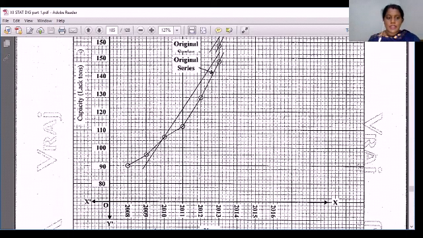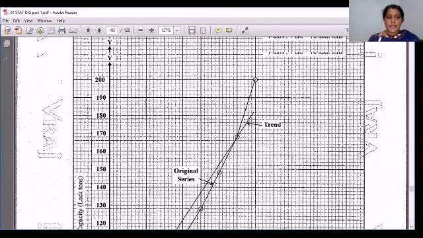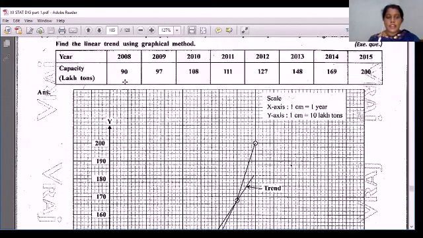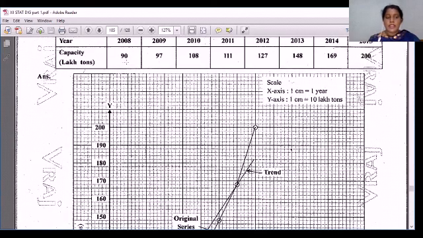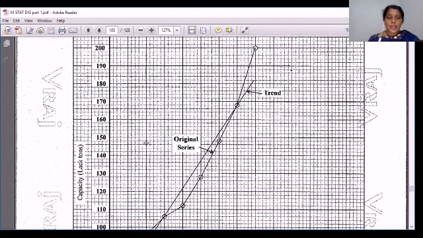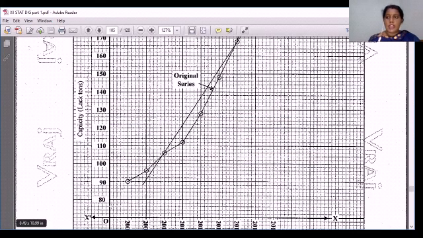Then next on the y-axis, the Yt whatever is given in the table, those same numbers you can write here. They have used approximate values: 80, 90, 100, 110, a difference of 10 they have taken.